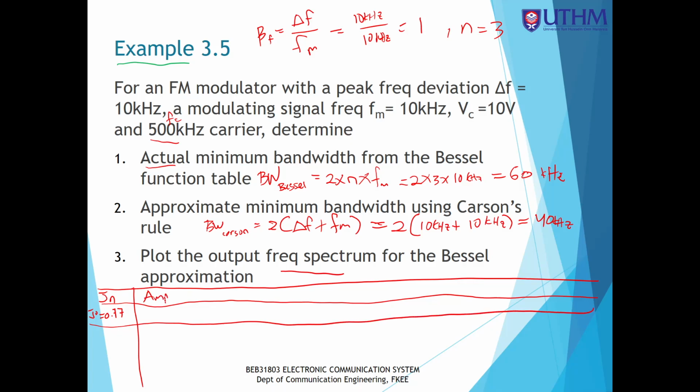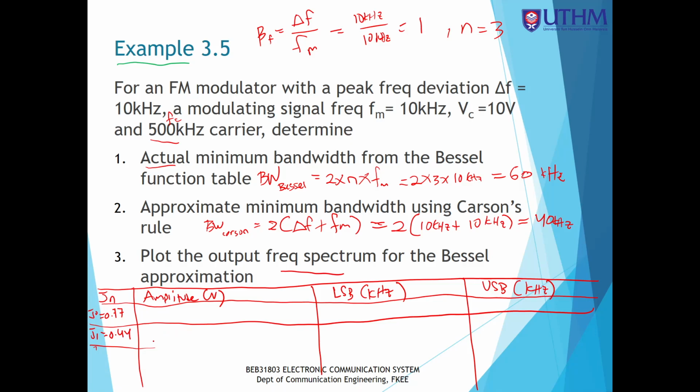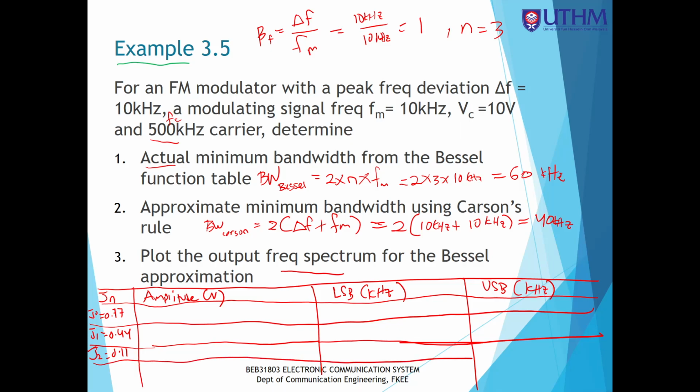So this is the amplitude. Lower sideband, for example, we make it in terms of kilohertz, and then the upper sideband in terms of kilohertz, for example. So J1, J2, and J3 equal to 0.02.